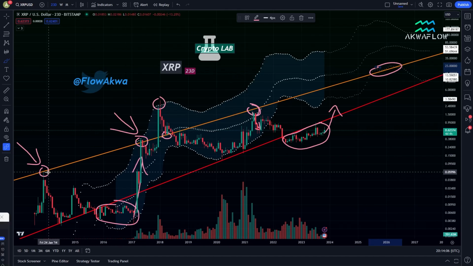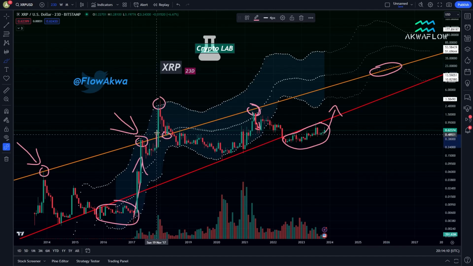In the past, we pierced the orange line only once, just right here with the final moonshot of the bull run, but we were not able to hold the levels above the orange line for long, and that's why we had to cross it and we started using it as a resistance again.